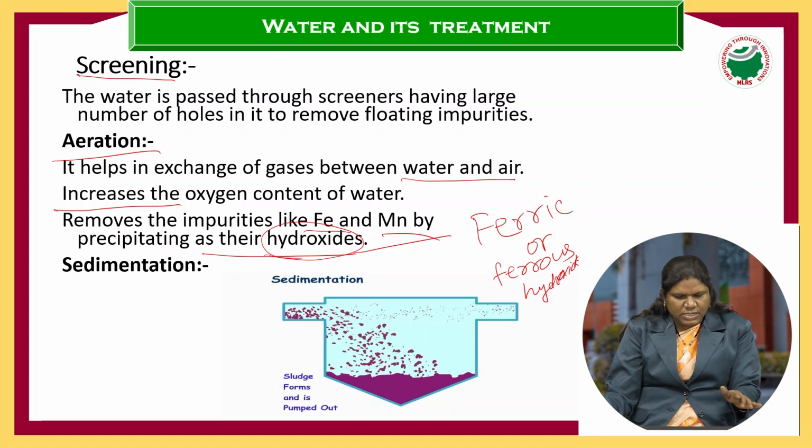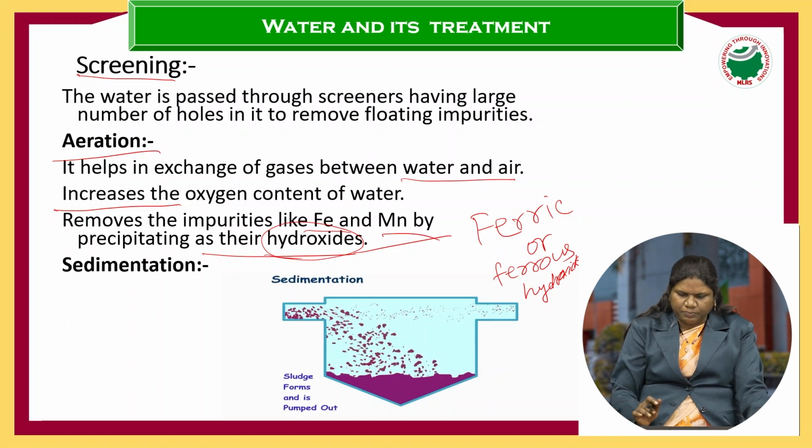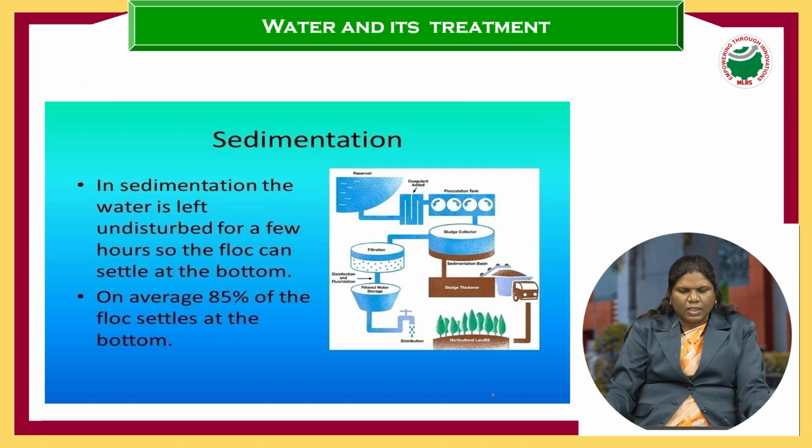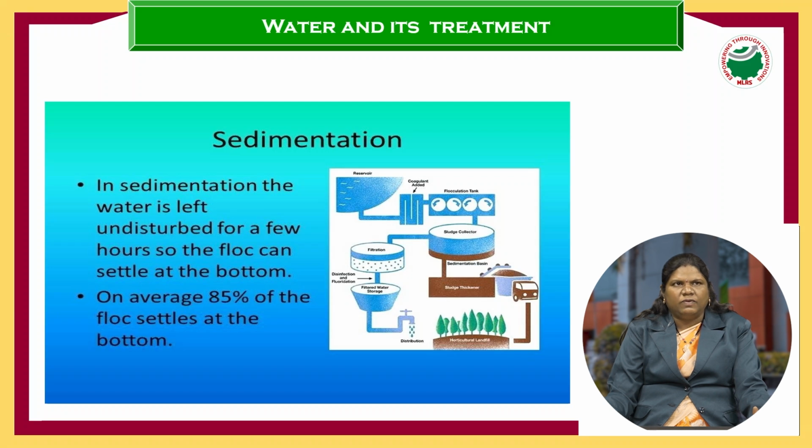Next step is the sedimentation step. Here in this sedimentation step, at the end, the precipitate in the form of sludge will be sedimented at the bottom of the tank. In sedimentation, what we will do, we will allow the water to settle down in a large tank, and here we will add some chemicals like alum, aluminum sulfate salts.